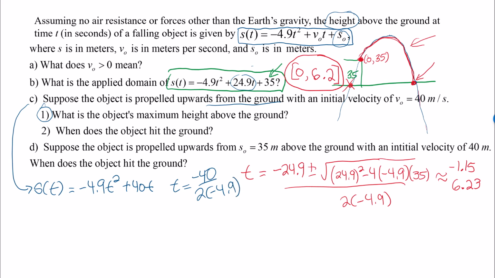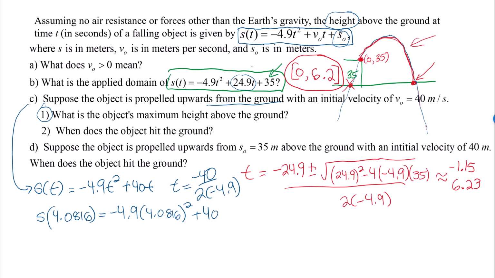So that's going to be approximately, I'm going to carry it out 4 places so I don't have a rounding error. So when I put that in the calculator to 4 decimal places, there it is, and I'm going to put that in the function so I can find out what the maximum height is. I just leave it in my calculator and use the answer button to plug it in there where I need it.